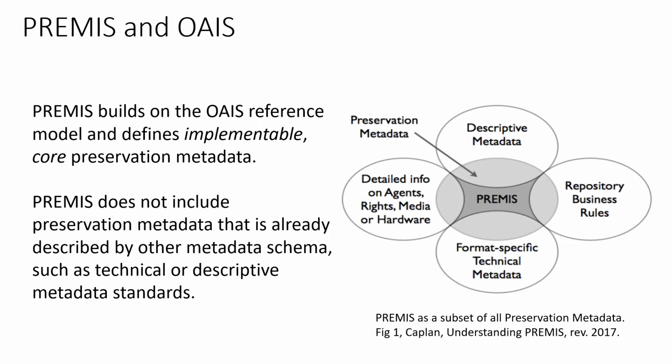That is, it does not concern itself with how metadata is stored, but only with what a repository should know, and therefore defines semantic units, metadata that a repository should know, rather than metadata elements, a specific way of encoding metadata. The PREMIS Data Dictionary does not include metadata elements that are already described by other metadata schema, such as within technical or descriptive metadata standards.